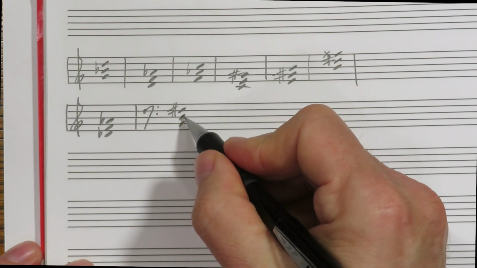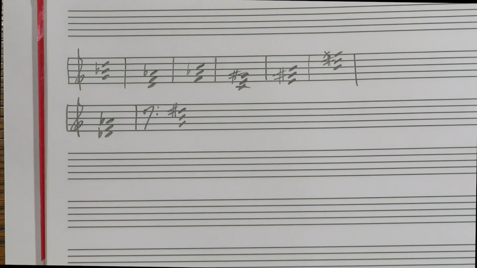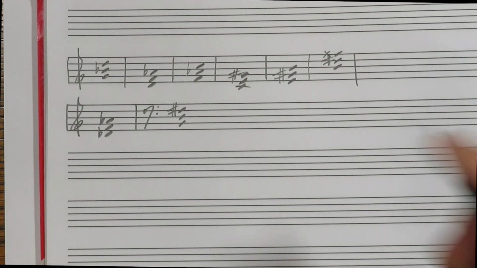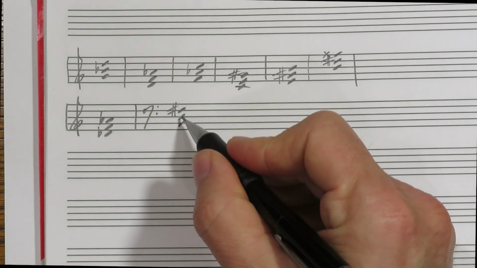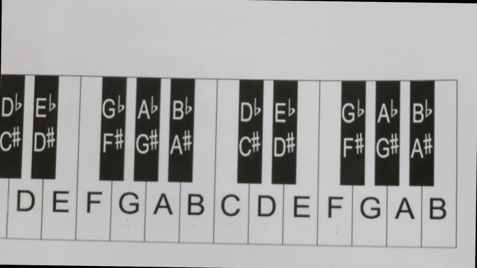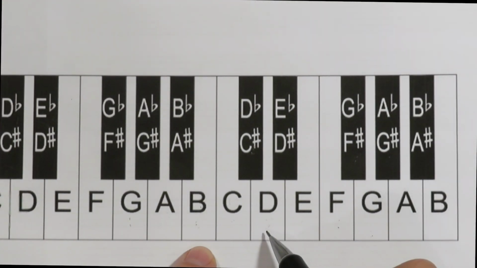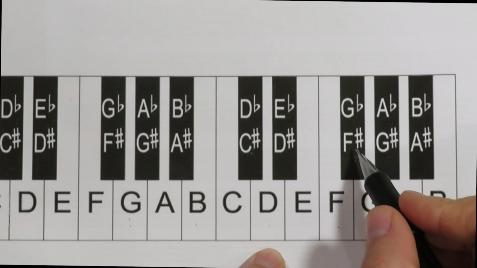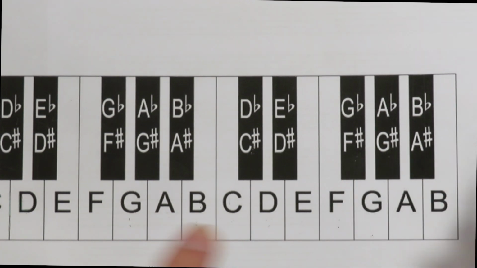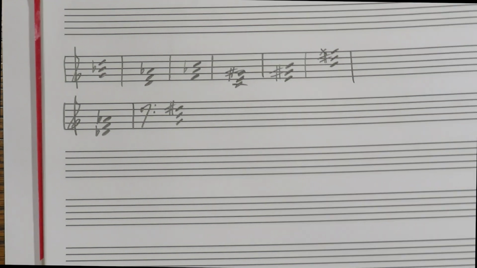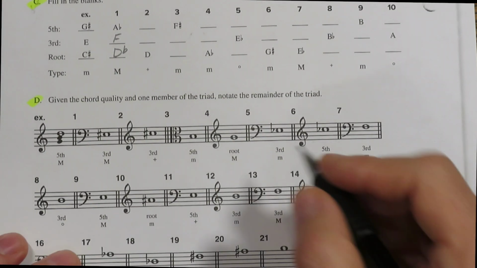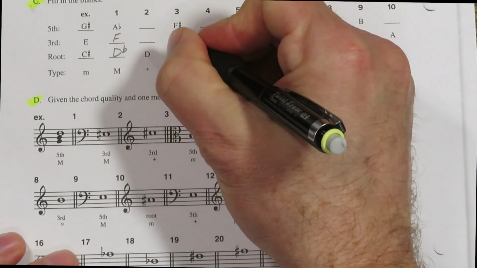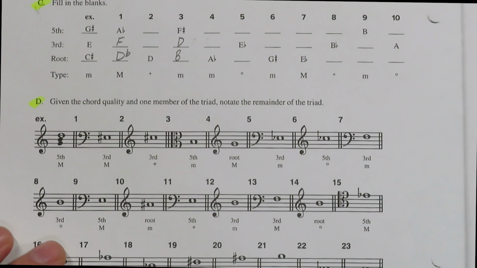And we have the B, the D, and the F sharp. Okay. So if you don't already know, that is a minor triad. That's the B minor triad. B to D is a minor third. D to F sharp, 2 whole steps, is a major third. B, D.